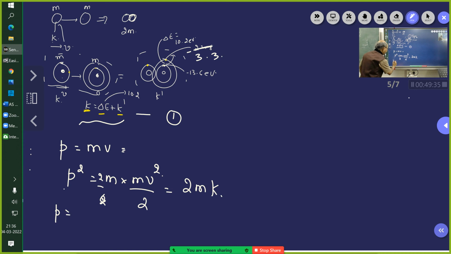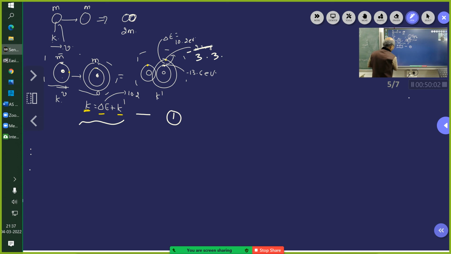Therefore, P will be equal to root of 2mK. Got it? The relation between momentum and kinetic energy. So this is a basic relation, and it will be very useful in such types of problems. P is equal to root of 2mK. I hope all of you got this.